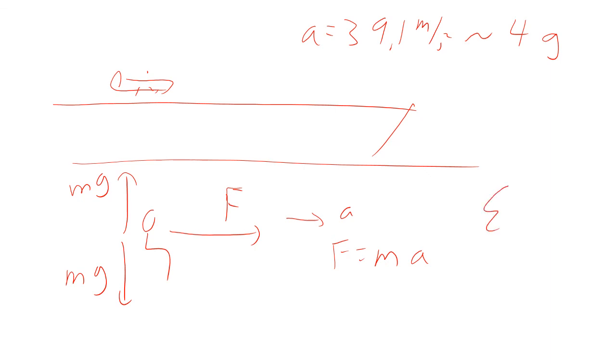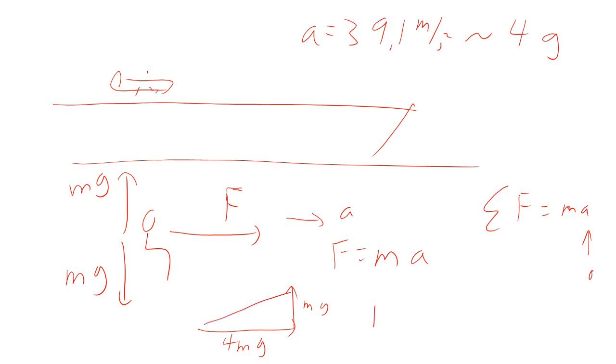Remember, sum of the forces equals ma. So if a is 0, the sum of the forces is 0. Obviously, gravity still works on you when you're standing or sitting, but the ground or the chair is pushing up on you. And so what that means is the total force is going to be this way, which is going to be 4 mg, and there's going to be a force this way equal to mg.